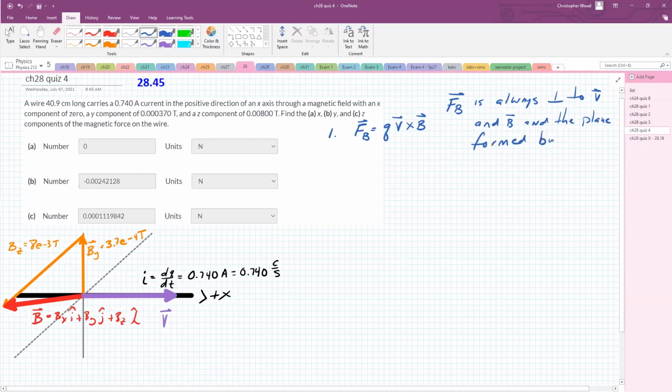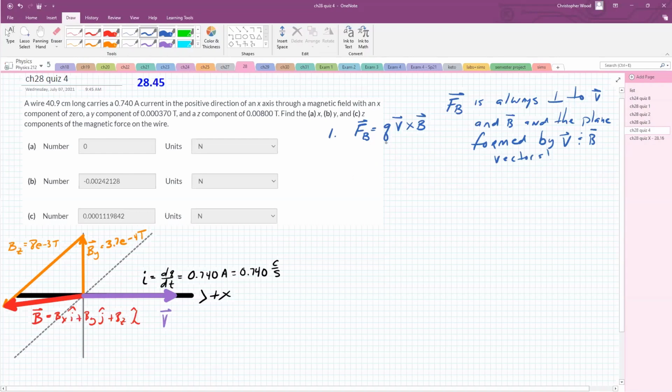I'm writing this down maybe a second or third time for a reason, because it's basic but important. It's unit vector time.